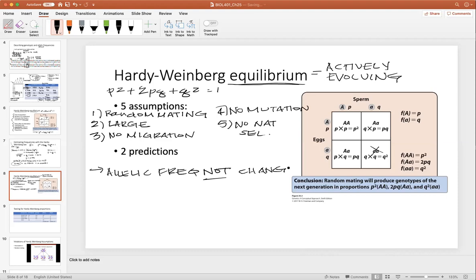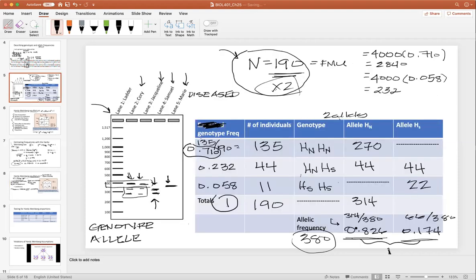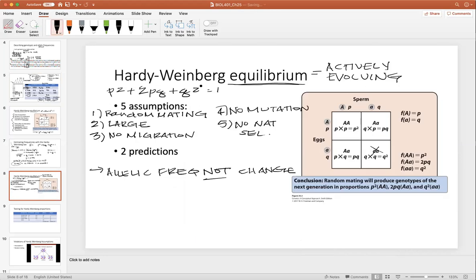Okay, so in other words, let me go back up here. We will assume that these frequencies would stay the same as long as there's no mutation, as long as there's no migration into or out of our school, as long as our population is large and we're randomly mating, then these frequencies would stay the same and they would be described by this equation, okay?